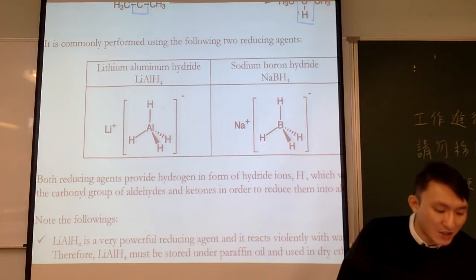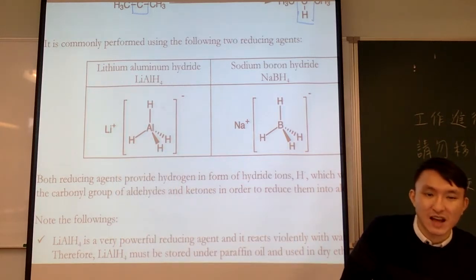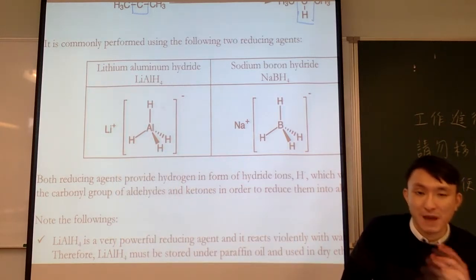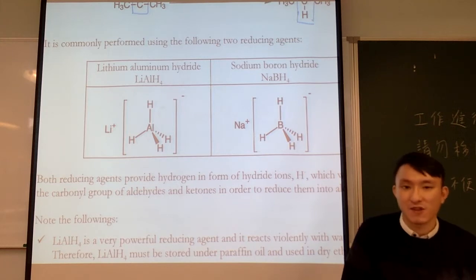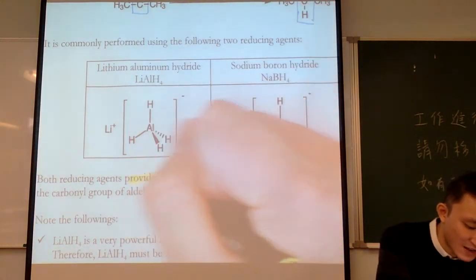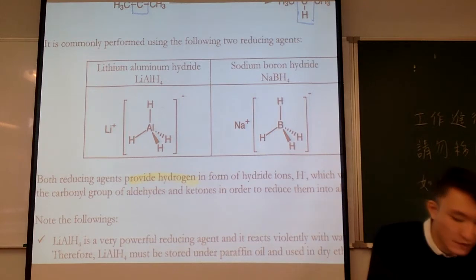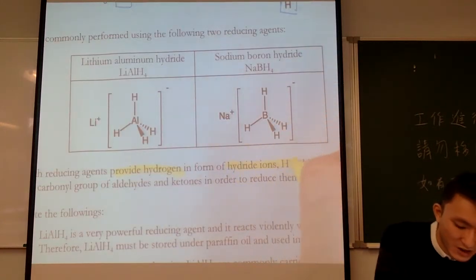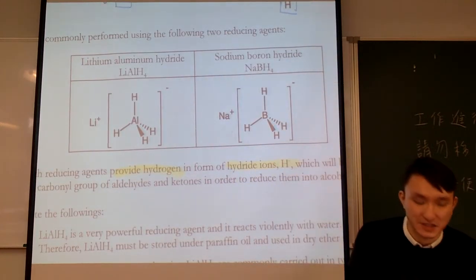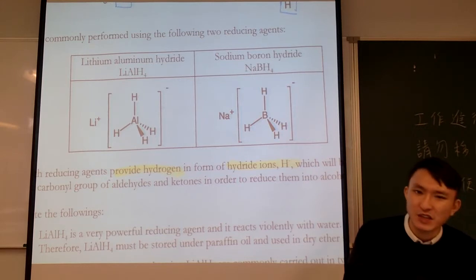So actually these 2 reducing agents help others to undergo reduction by providing hydrogen, but in the form of something special. We call it the hydride ion, H-. Usually when we talk about hydrogen ion, we're talking about H+, right? H+.